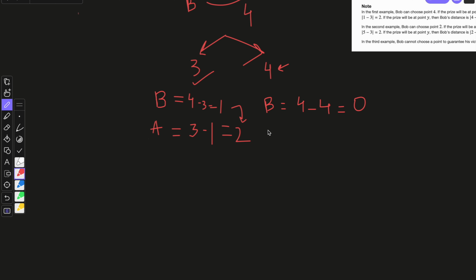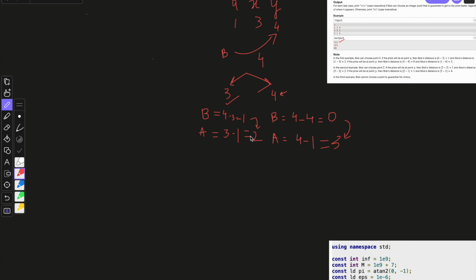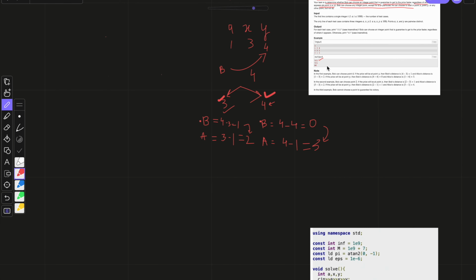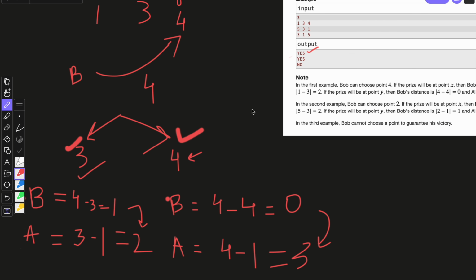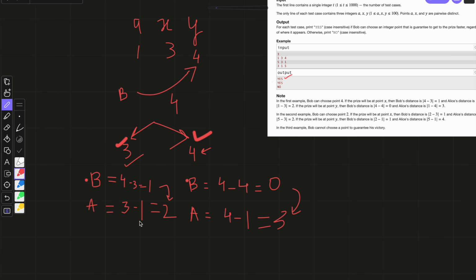Alice's distance would be 4 minus 1, that is 3, and it's greater. So in both cases, whether the prize falls at 3 or at 4, Bob is going to win. Hence the output is yes, Bob will win.